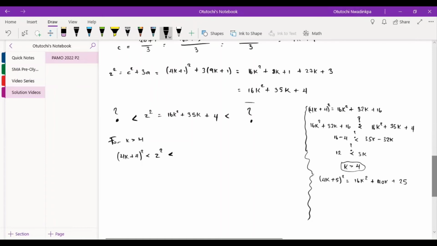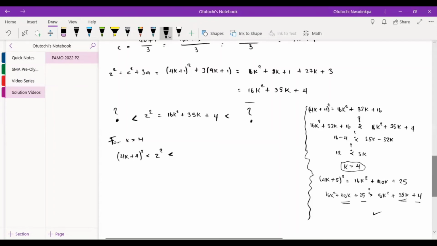Is 16k squared plus 40k plus 25 greater than z squared, which is 16k squared plus 35k plus 4? Of course, this is true. 16k squared cancels 16k squared, and 40k is strictly greater than 35k, while 25 is strictly greater than 4. So you are good on this side, right?